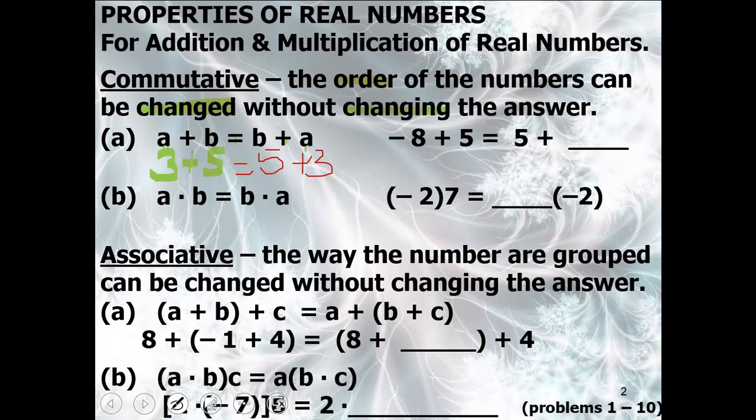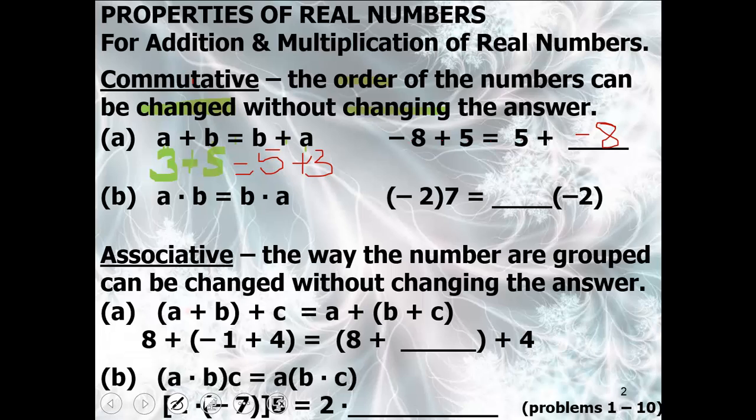Notice in this example, negative 8 plus 5 is the same as 5 plus a negative 8. Okay, you can change the order. The commutative property says the order can be changed. So if you're comparing two sides and the orders of the numbers have been flipped or exchanged or changed, then you've used the commutative property.